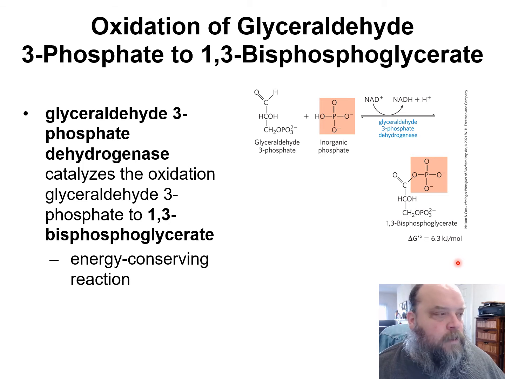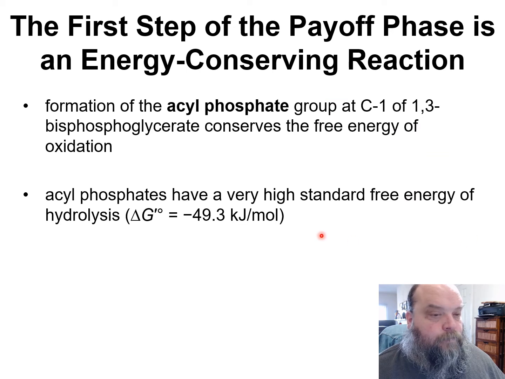We're still using some of that energy that was imbued in the system by the addition of those phosphate groups from ATPs in the preliminary or investment phase. This is energy conserving. We are making formation of an acyl phosphate group at C1.